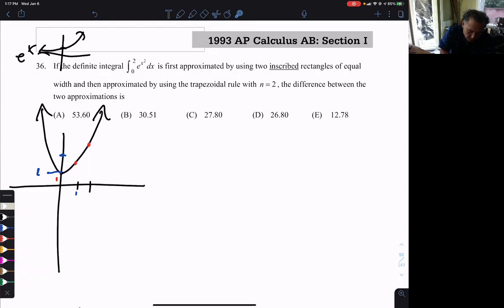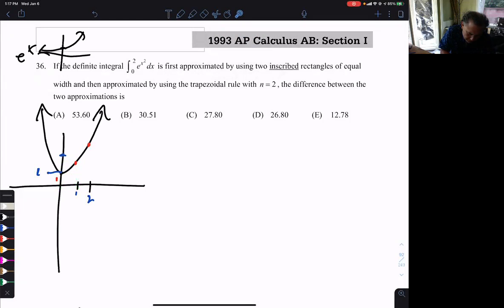So if you draw a rectangle from 0 to 1, it's going to be inside of the graph. That's inside, inscribed. If you went all the way up top like that, that would no longer be inscribed. Okay?